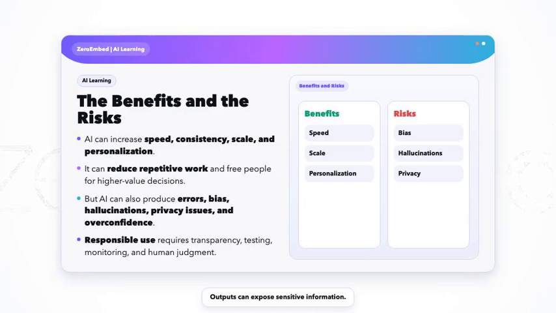Outputs can expose sensitive information. Overautomation can create mistakes at speed. That is why mature AI adoption is not about blind trust. It is about designing human review, access control, logging, monitoring, and clear limits for where the system should or should not act on its own.